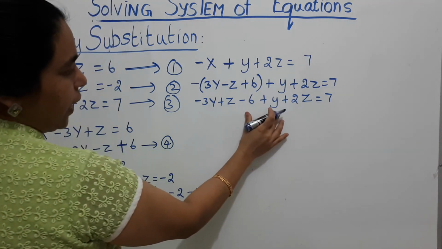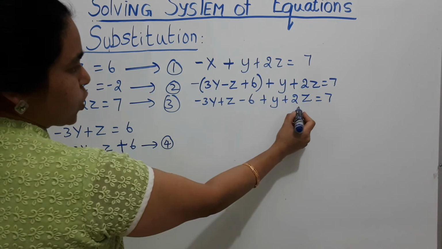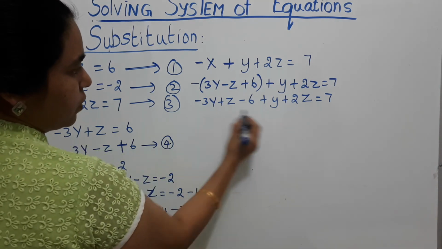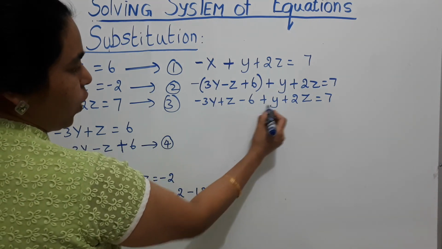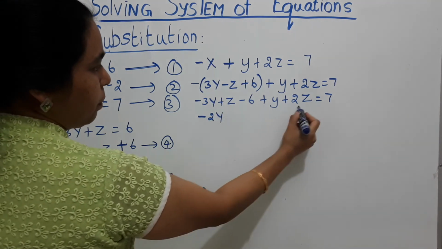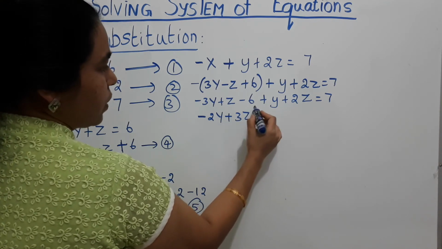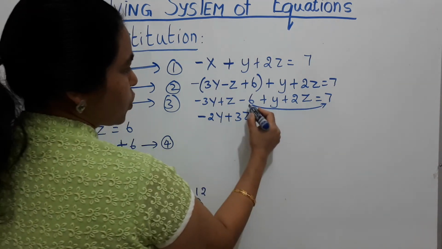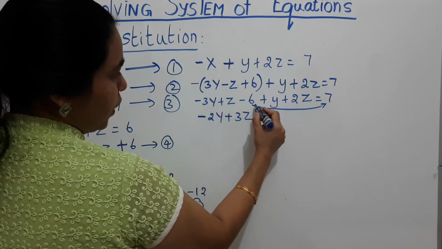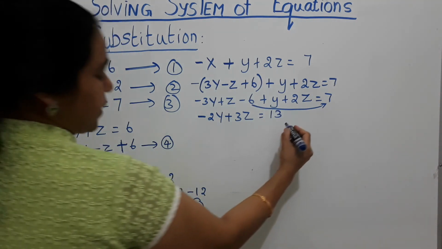Now you can find the like terms and put the like terms together. So minus 3y plus y will be negative 2y. And then z plus 2z will be plus 3z equals, this is going to the other side. So 7 plus 6 will be 13. Okay. Now we can number this as sixth equation.